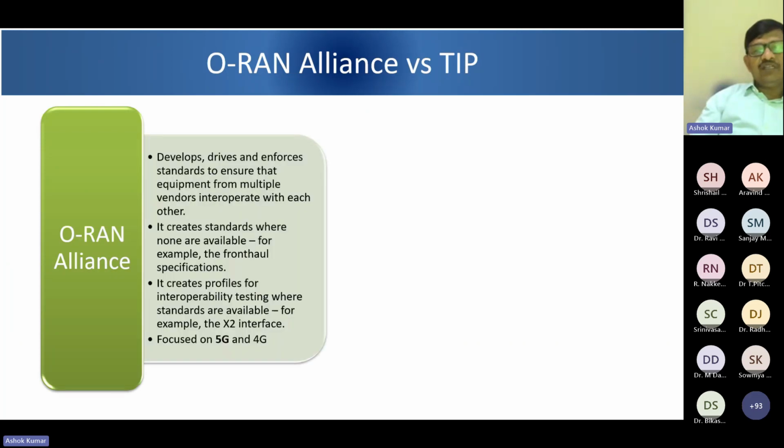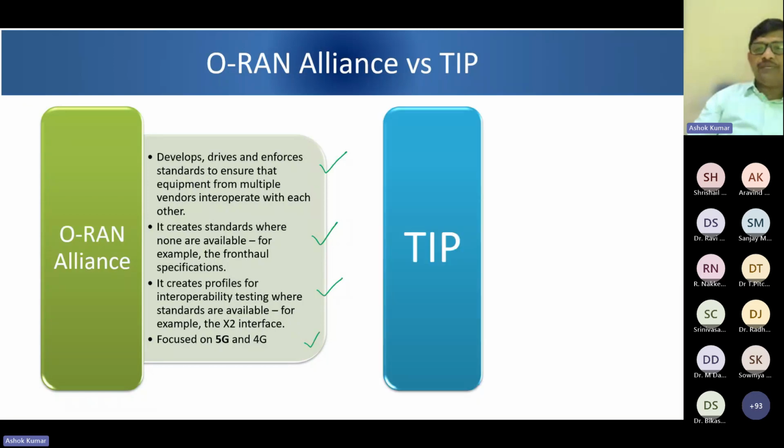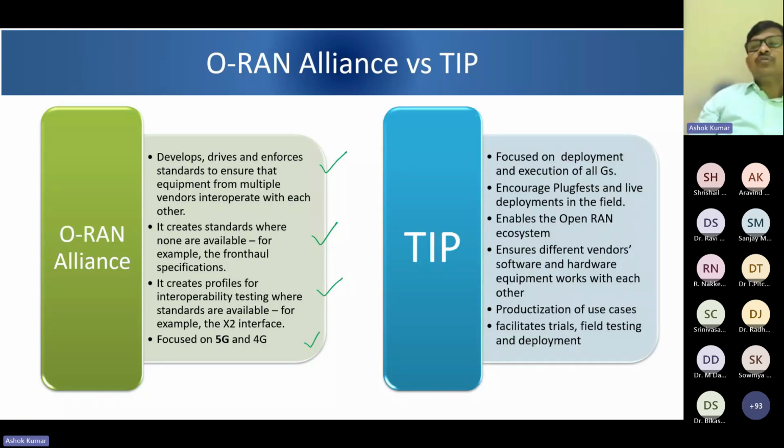O-RAN, we already discussed, develops standards where there is no standard, and interoperability is one of the aspects. And wherever there is a standard, they create a profile to test interworking, like the X2 interface, and they focus on 5G and 4G. So these are the four major works which the O-RAN Alliance does. What TIP does is they focus on deployment of all 2G, 3G, 4G, and 5G. Their main aim is to develop an ecosystem.